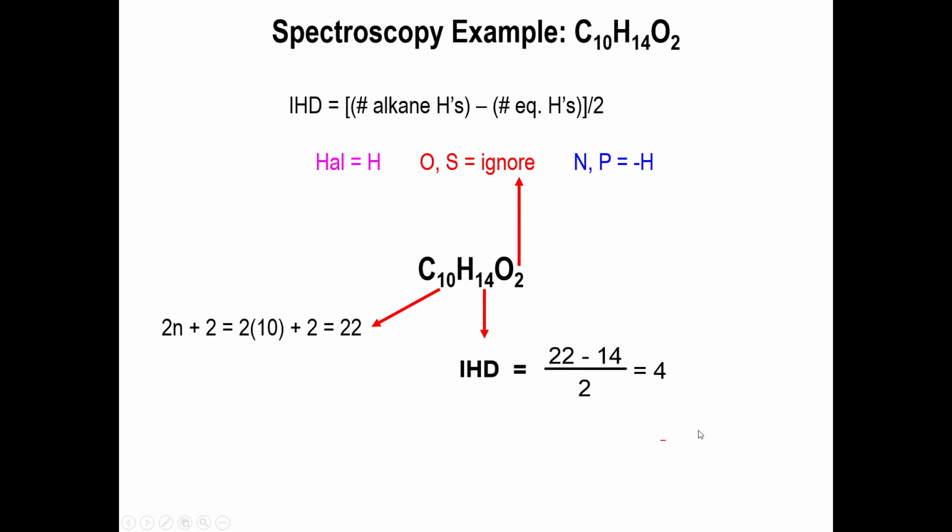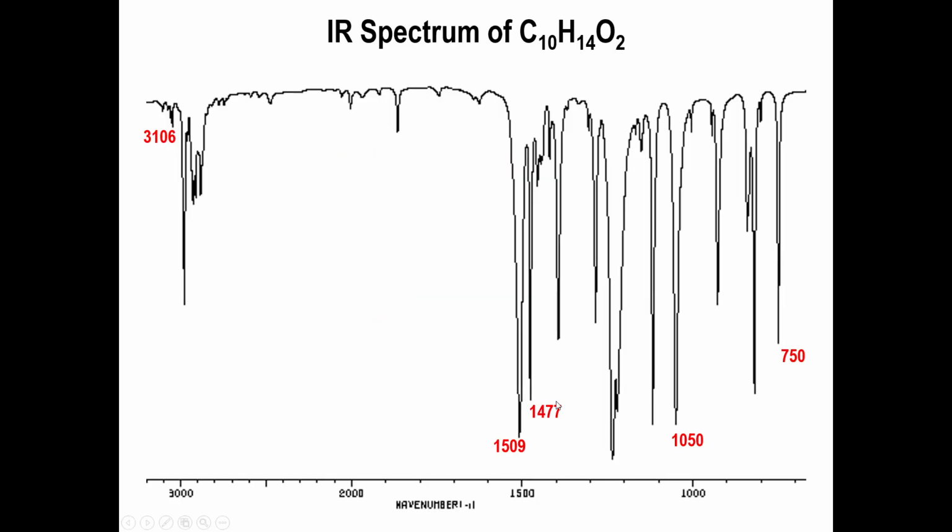And the point of this is to show you that when you hit this value of 4, or maybe higher, it is very likely that you have a benzene ring. It's not absolute proof that you have it, but it's very suggestive of it. So that's one thing that you want to notice with the index of hydrogen deficiency. Then, same compound, the one that has 10 carbons, 14 hydrogens, 2 oxygens.